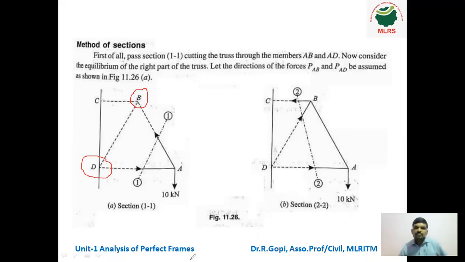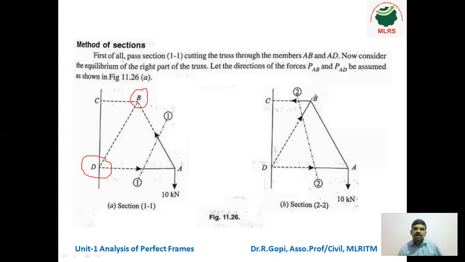Next, come to section line 2. So totally how many members are there? 1, 2, 3, 4. We calculated initially in the first step only 2 members, so again we have to calculate another 2 member forces. That means BD and BC. For that you cut the section line like this.